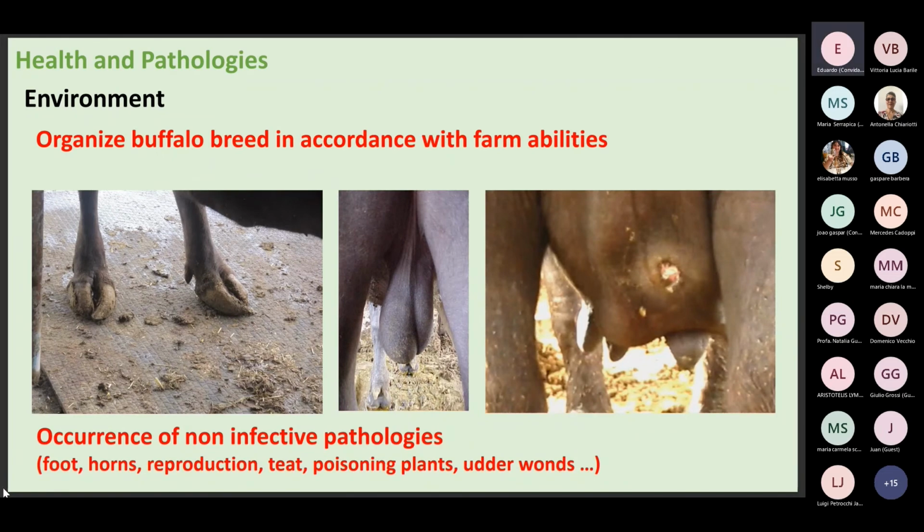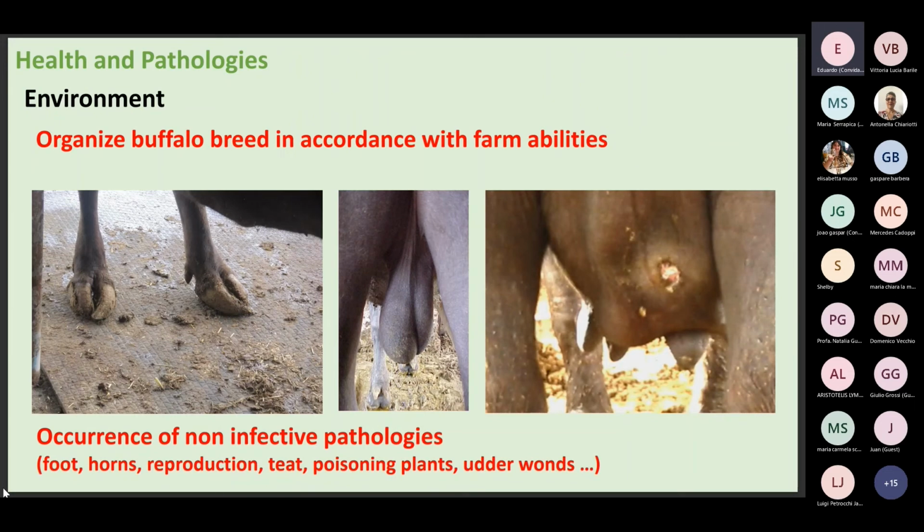So for that reason, it is not uncommon nowadays to see problems in the buffalo, some pathologies on the foot, in the horns, in the reproductive apparatus, in the teeth, buffaloes that became poisoned when eating toxic plants.